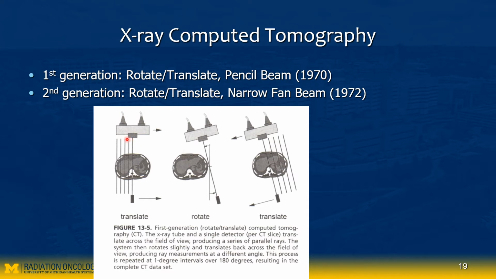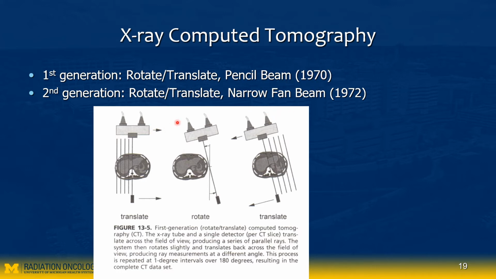It is a pencil beam, so from left to right, you reconstruct one line at a time. You translate by moving the X-ray source and detector pair, and once you finish this line, you rotate your source and detector pair, and then continue: rotate and translate, rotate and translate. So that was our first generation.